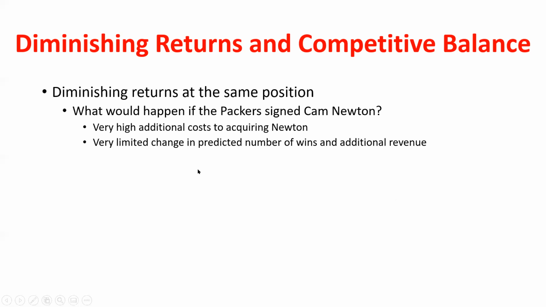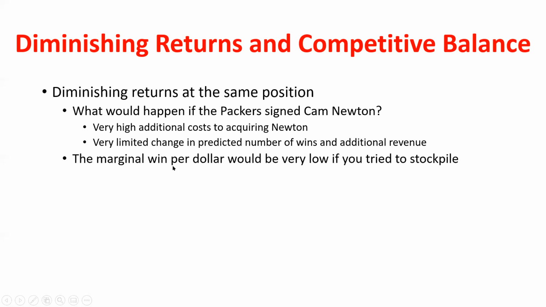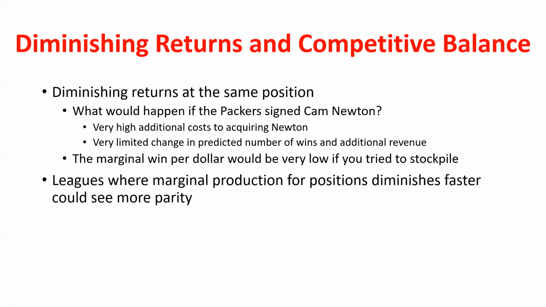So the marginal win per dollar would be very low for that second quarterback. Okay. So diminishing marginal returns ensures that we don't see teams stockpile, right? And that we get a little bit more equal quality dispersion across these teams.